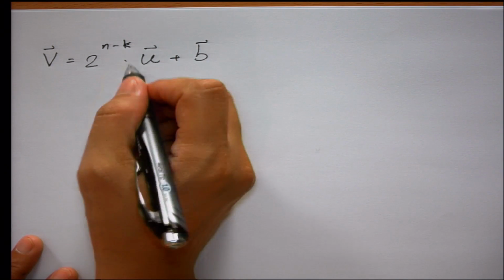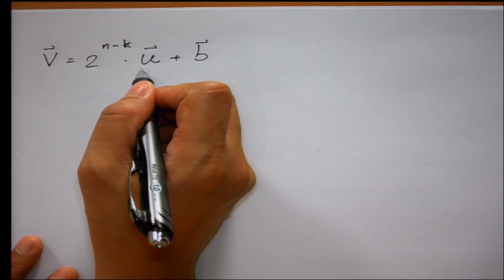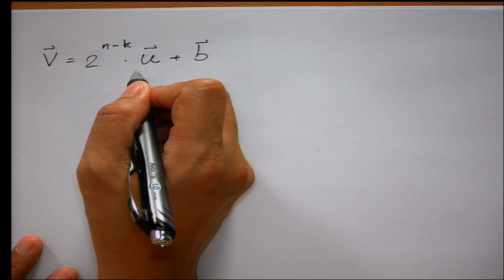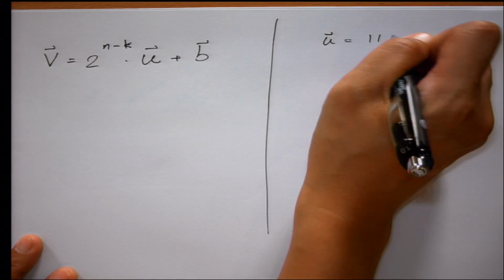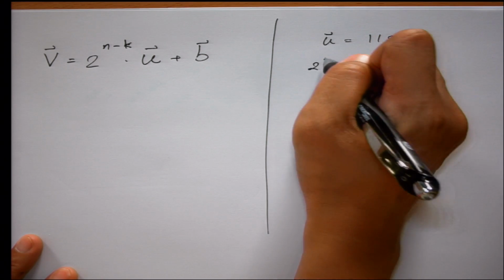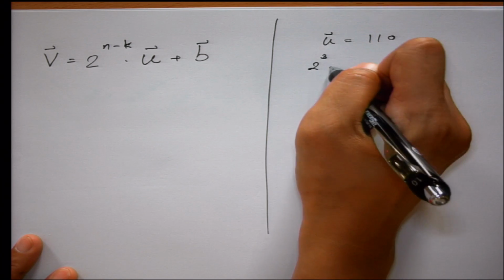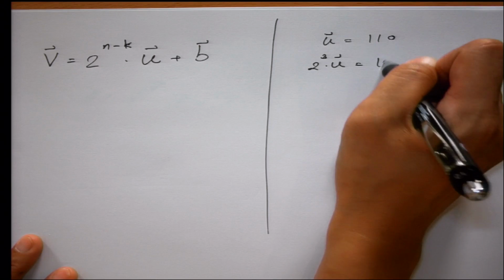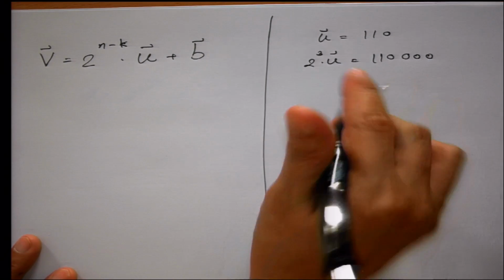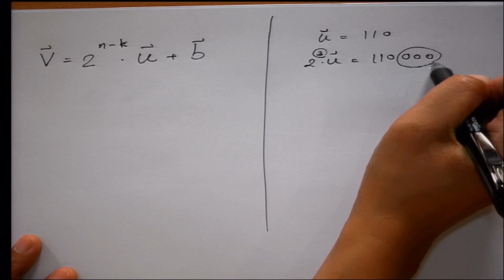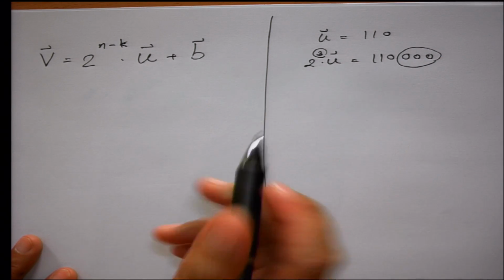This is like shifting the sequence to the left. For example, if u is equal to 110, then 2 cube multiplied by u equals 110000. So add 3 zeros, as the n minus k.